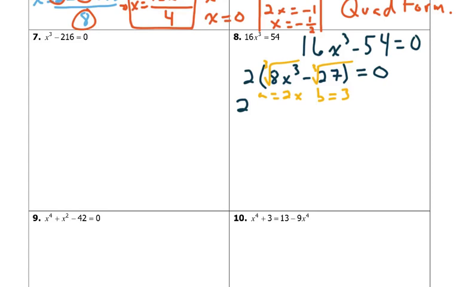So we're plugging that into the difference of cubes formula. So 2, we end up having 2x minus 3, a minus b.